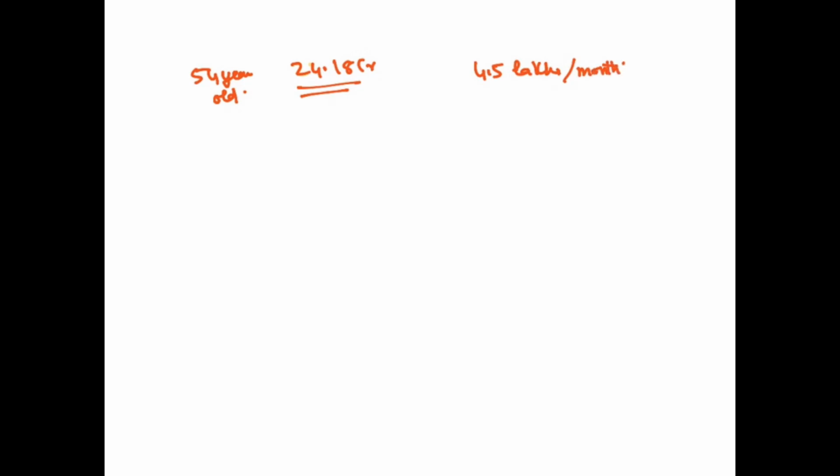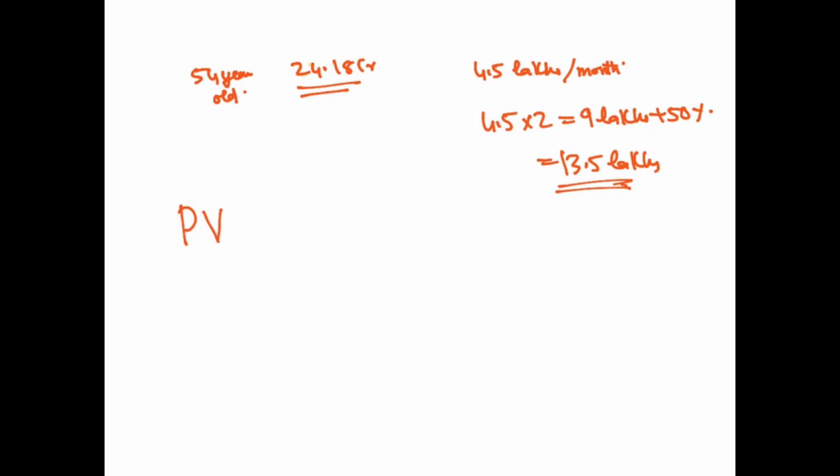Now after 12 years, it is going to be 4.5 into 2, 9 lakhs plus 50% lifestyle inflation. So it's going to be 13.5 lakhs. So you require 13.5 lakhs cash. So for getting 13.5 lakhs every month, how much you require?